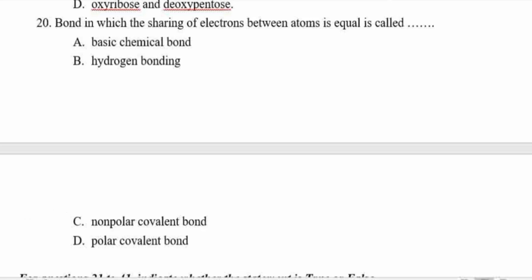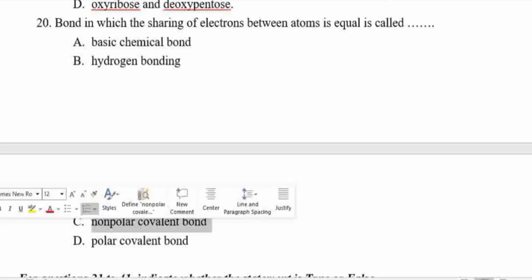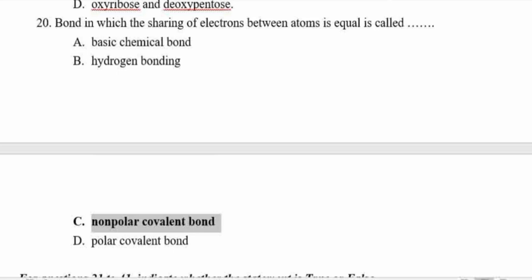Our best answer here should be C, non-polar covalent bonding. So the bond in which the sharing of electrons between atoms is equal is non-polar covalent bonding, and the bond in which the sharing of electrons between atoms is not equal is polar covalent bond.